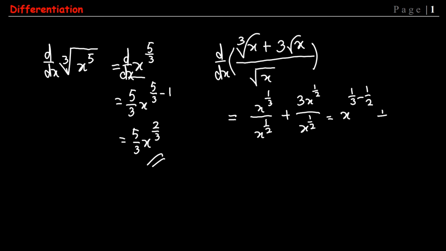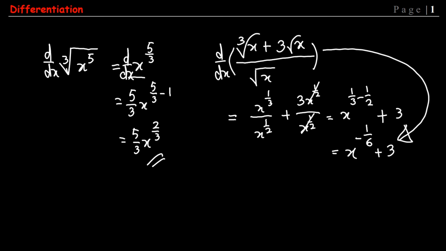Then the second part, from here we can cut out x and x, 3 is remaining. So finally we got x to the power 1 by 3 minus half, which is minus 1 by 6, plus 3.